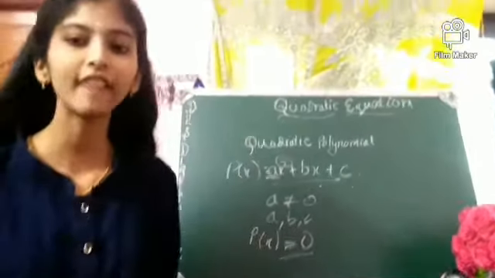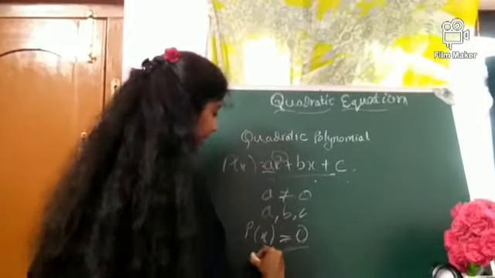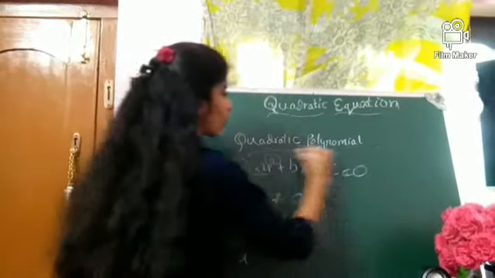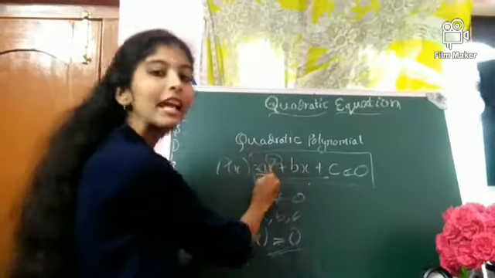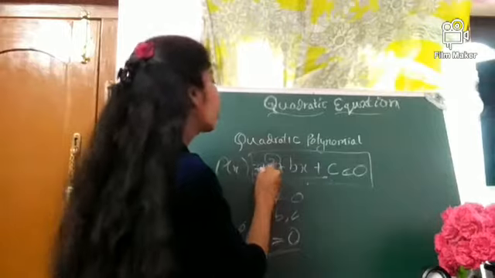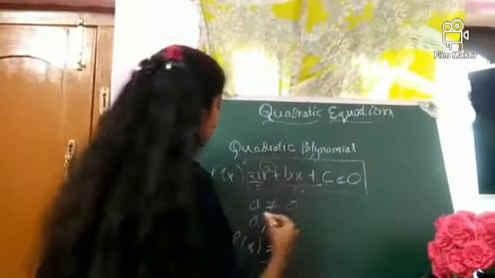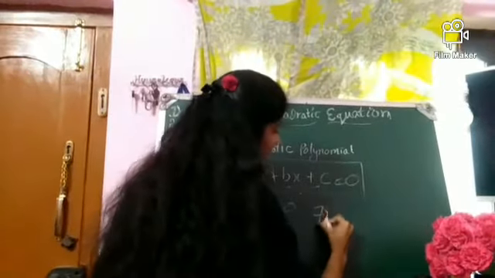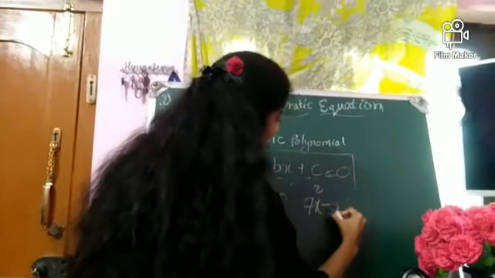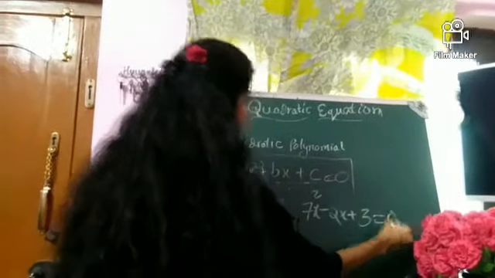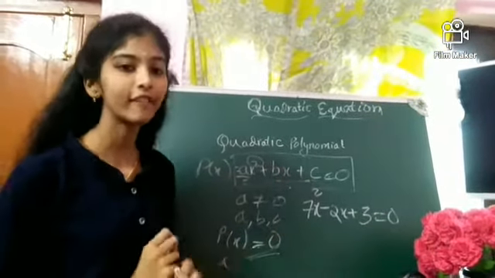In a quadratic equation, ax² + bx + c = 0, here a should not equal 0 and a, b, c should be real numbers. Moving to an example, 7x² − 2x + 3 = 0 is a quadratic equation.